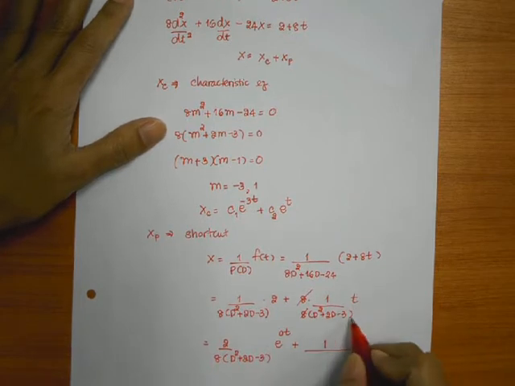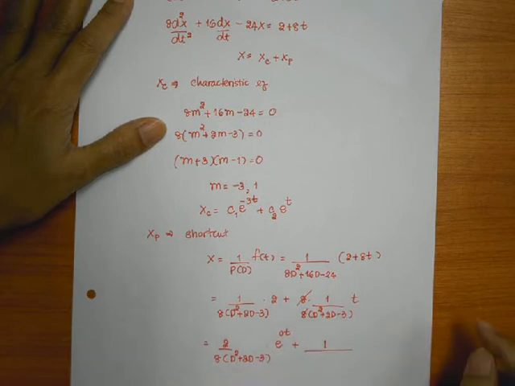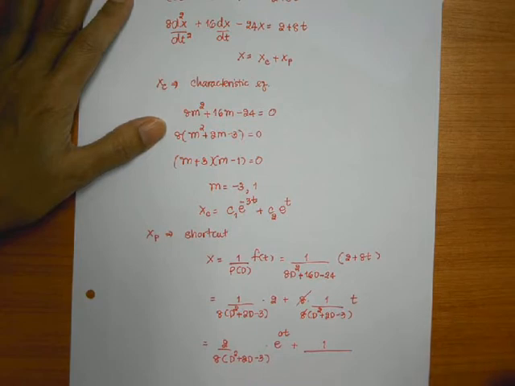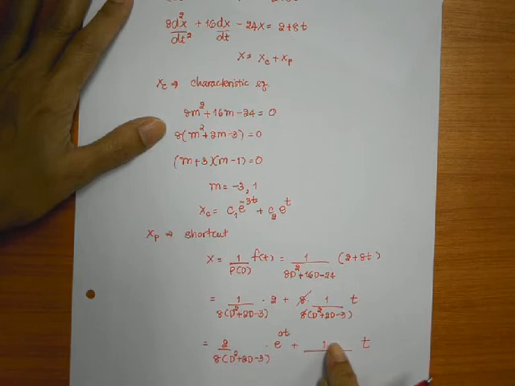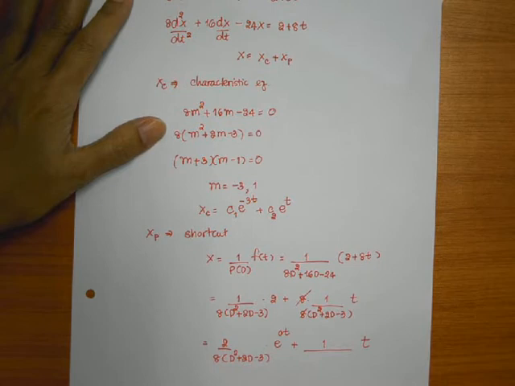So the way that we are going to do is we are going to make our 1 over P(D) in the form of b0 plus b1D plus b2D squared, and so on. But the thing is that now we have this function as t. So this term, we can do it only up to the term of D. We do not need to do D squared or D to the power 3.